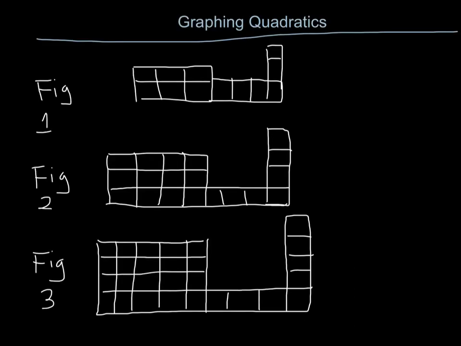Okay, so we've been doing these kites for a while now, and I've been telling you that they're leading up to us graphing quadratics, and so here's where we're going to see how this works for the first time. So the very first thing we're going to do, like we did before, is just color code them so that the parts that are changing the same get the same coloring. So I see that here it looks like I have a shape like that.